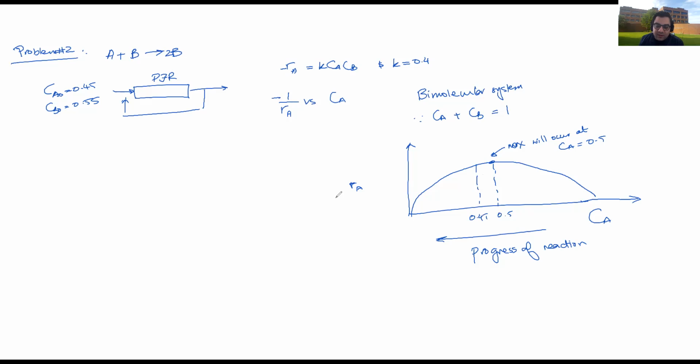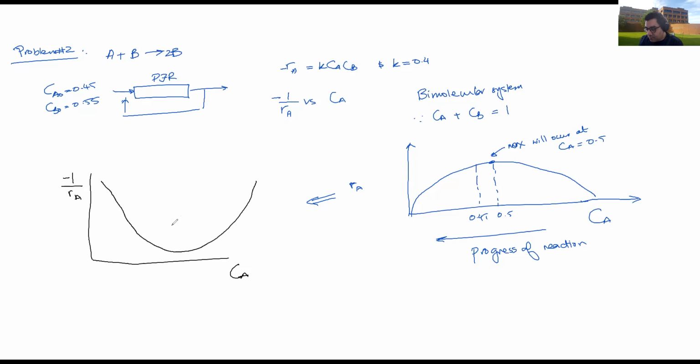So now if you translate this into a minus 1 over RA versus CA chart, this is the chart that will really give you a gauge of how feasible the system is, right? If I convert this from here to here, I'm gonna get basically the inverse of this curve, so I should get a chart which looks like this.